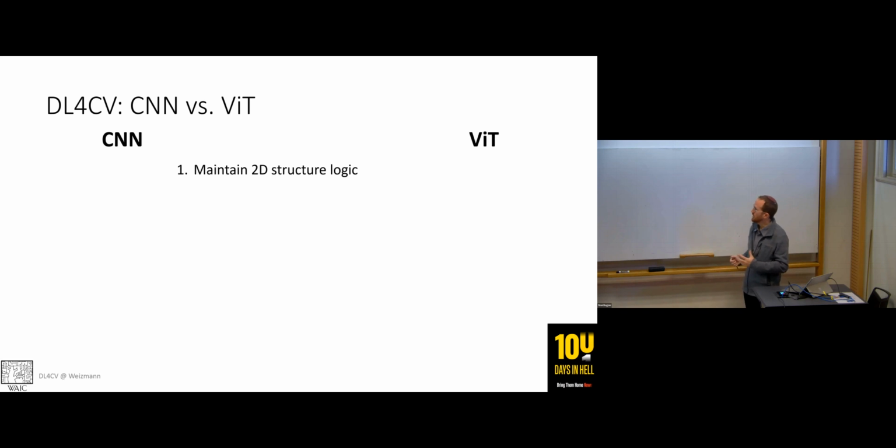So let's see different properties of convolutions and transformers. Convolutions maintain the 2D structure logic of the image by applying rectangular convolutions all over the image, and the features stay in the same shape through the processing.